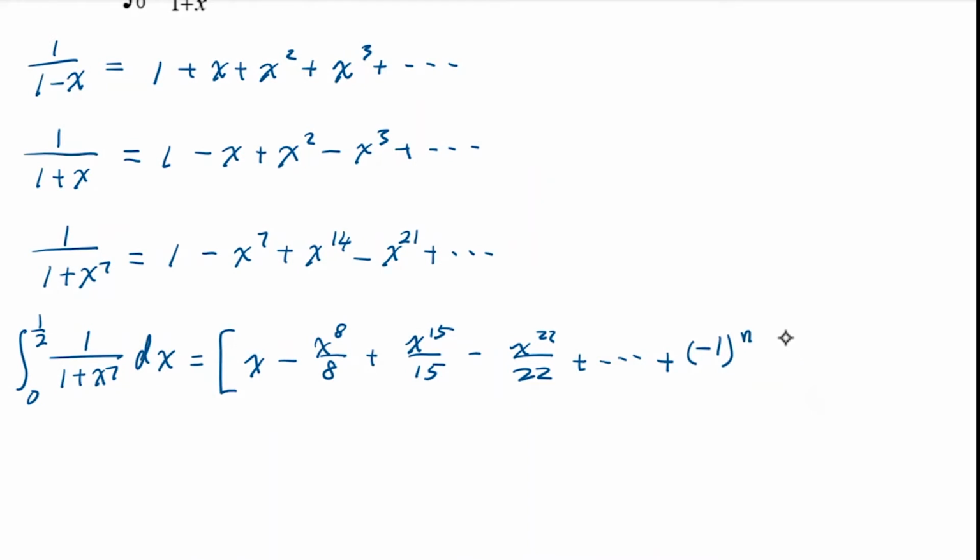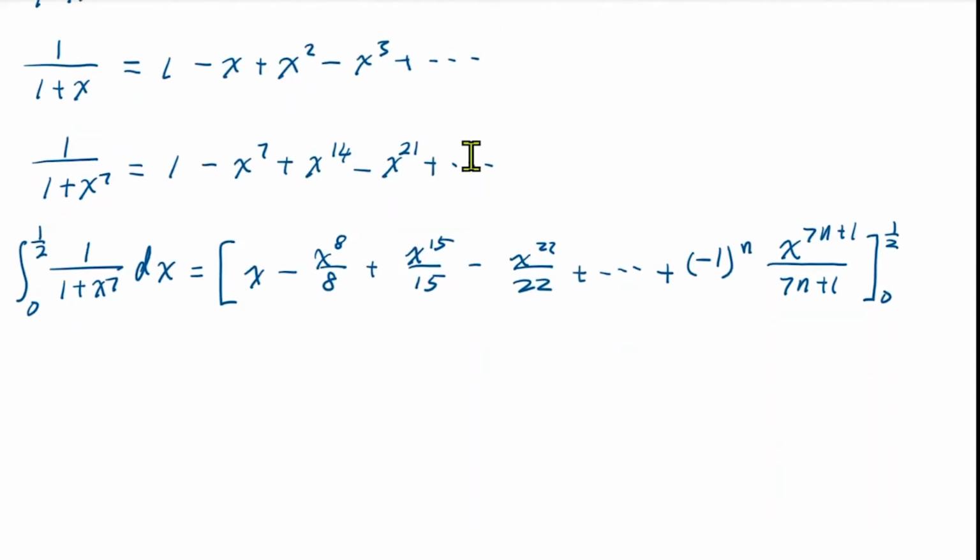We're going to need x to the, now how did we create this? First it was 1, and then we replaced it by x to the 7, so we have 7n, and then plus 1, so 7n plus 1, over 7n plus 1 is our thing. Now, do you want to start this from the positive, well, right, 0.